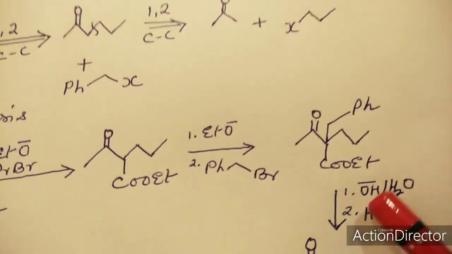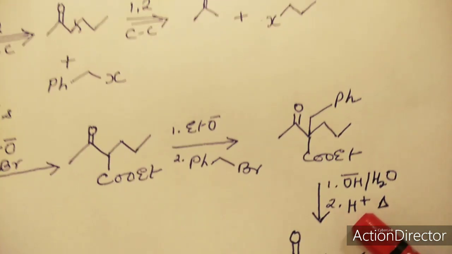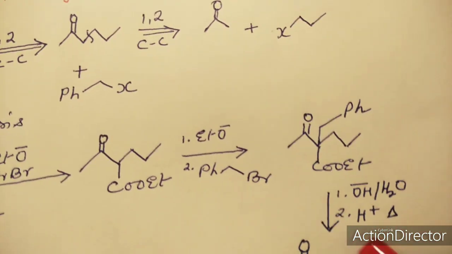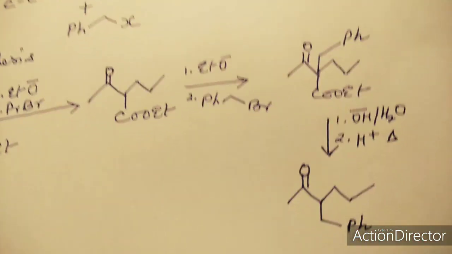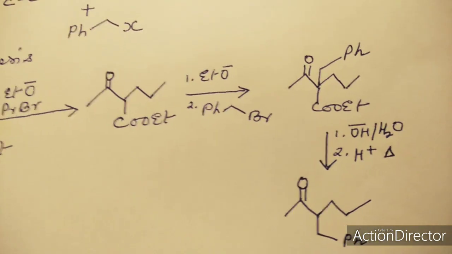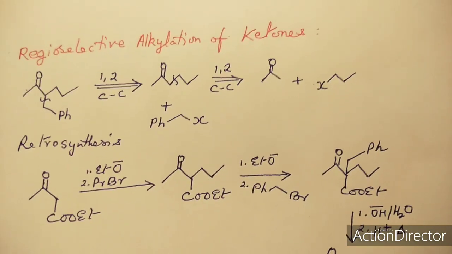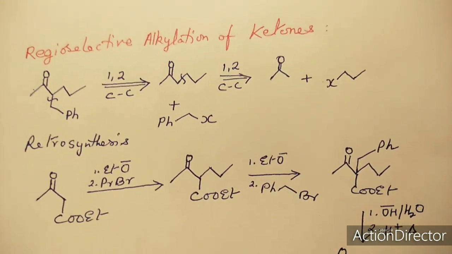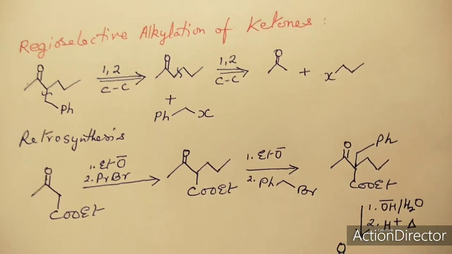And this on hydrolysis and heating with H positive, as we know happens for active methylene compounds, CO2 and C2H5OH will be lost and we will get our target molecule. So this was the regioselective alkylation of this compound, so that only one side of the functional group was selected for attack in order to form this target molecule.